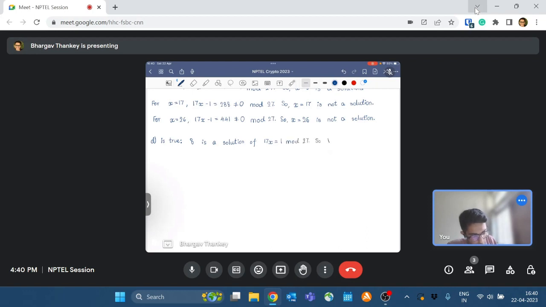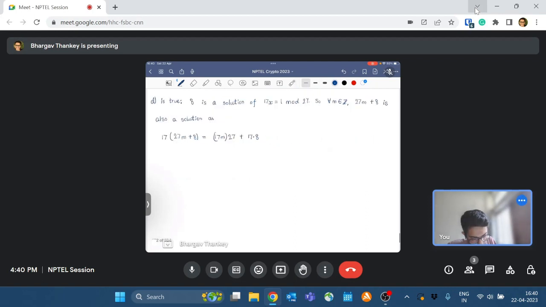For all integers m, 27m plus 8 is also a solution, as 17 times (27m plus 8) equals 17m times 27 plus 17 times 8.